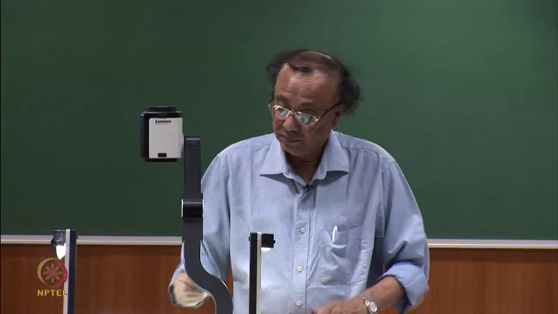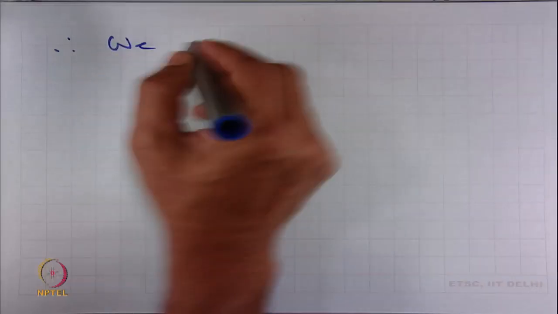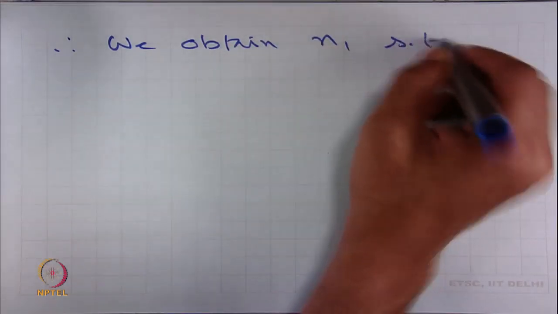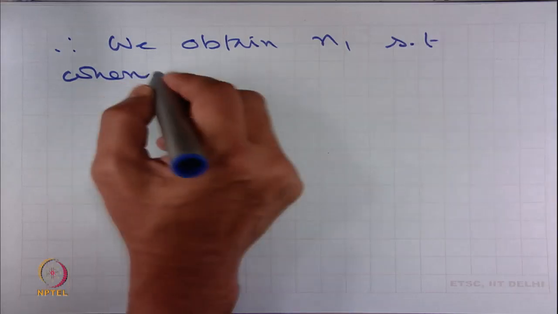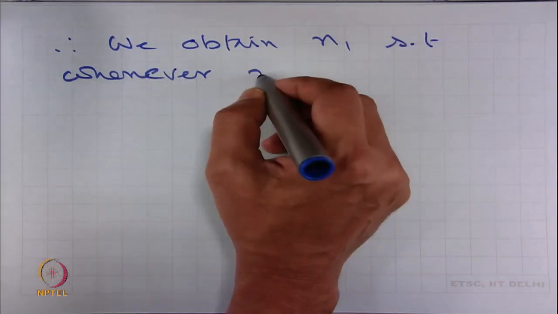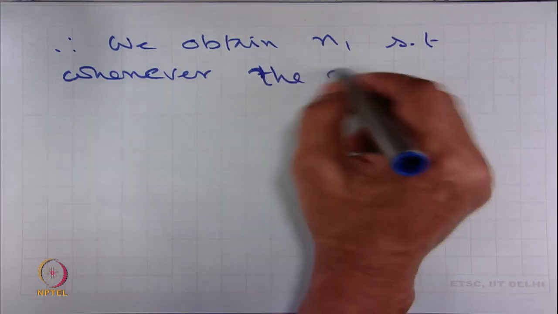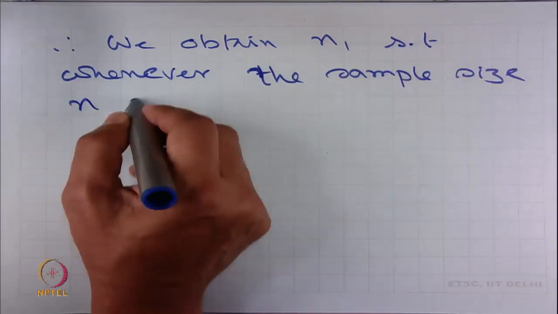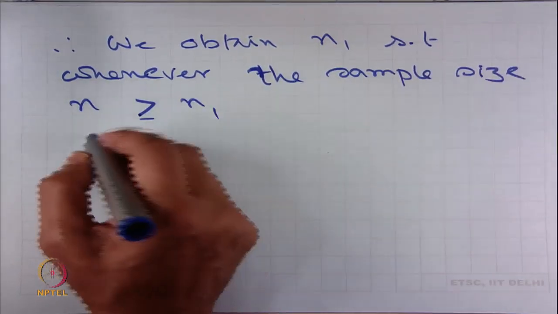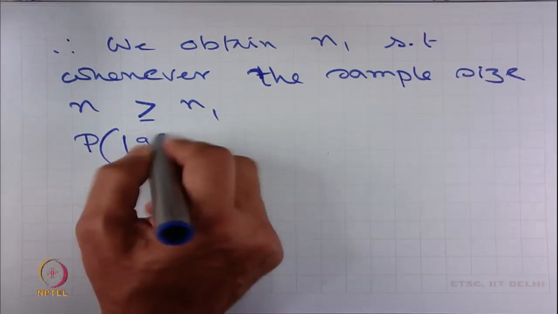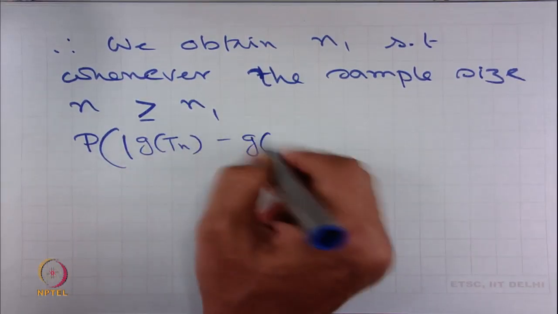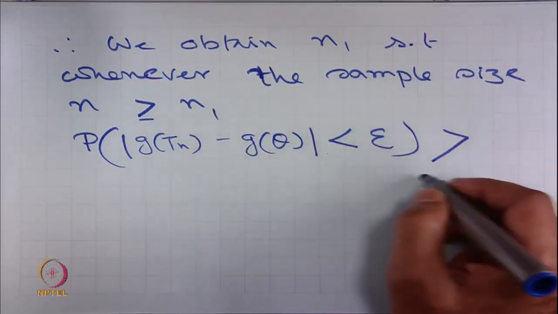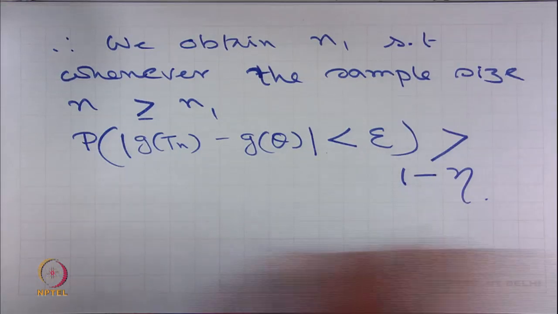Therefore, we obtain n1 such that whenever the sample size n is greater than or equal to n1, the probability that |g(Tn) - g(theta)| is less than epsilon is greater than 1 minus eta.